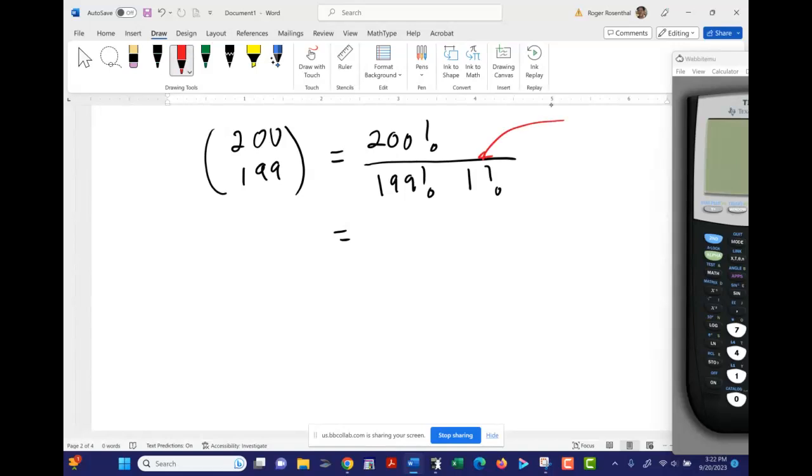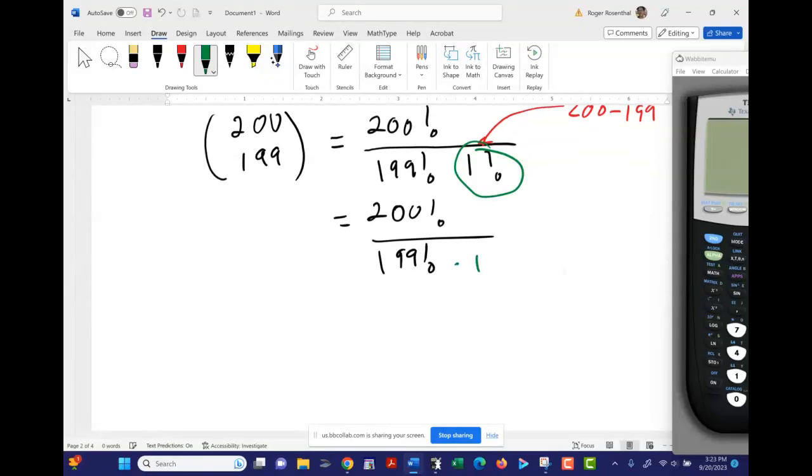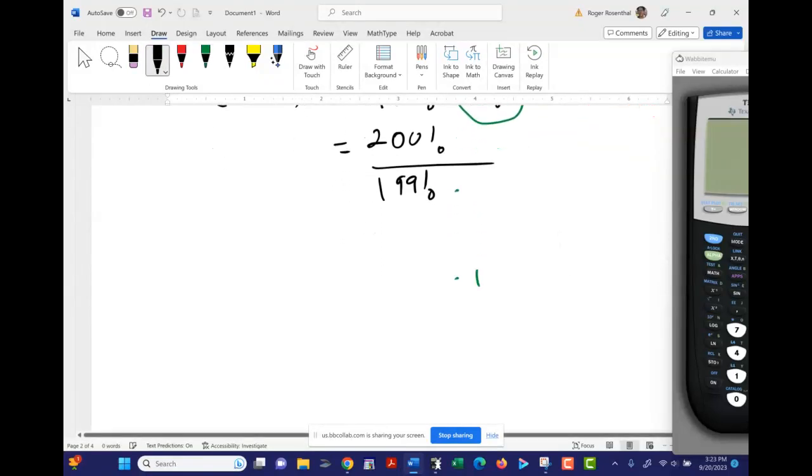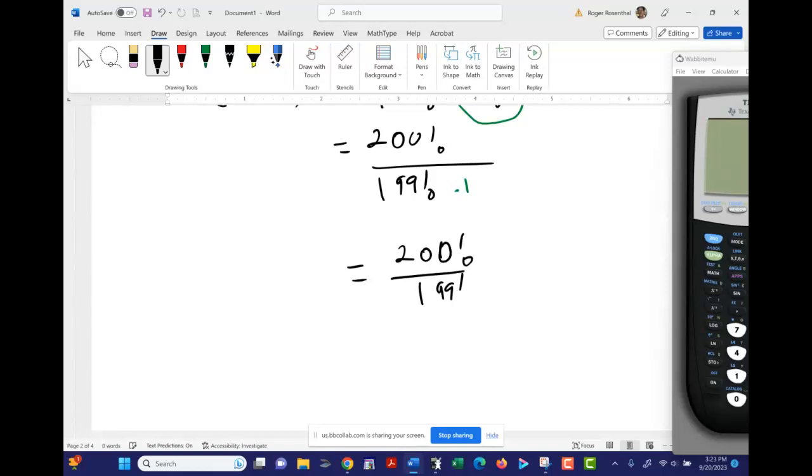The 1, in case you're confused, comes from doing 200 minus 199. So that's 200 factorial over 199 factorial. And if you remember, 1 factorial is 1, so that's times 1.